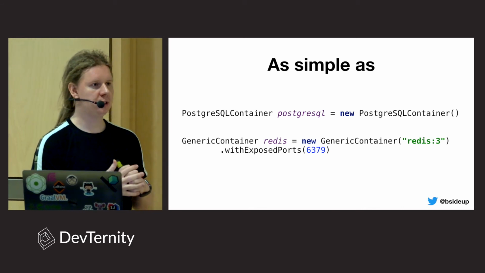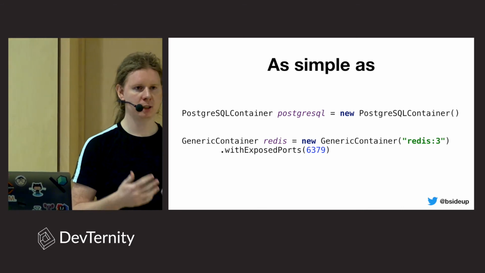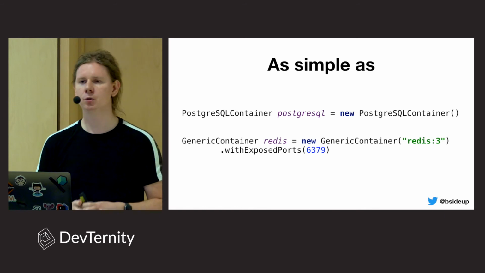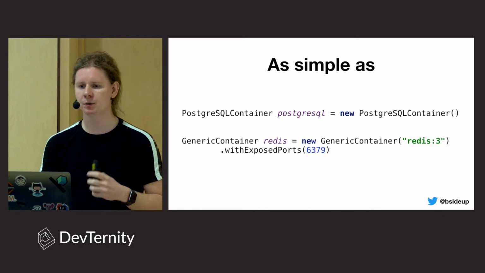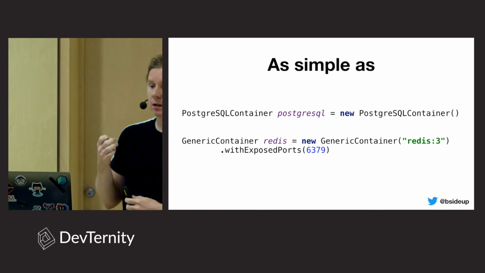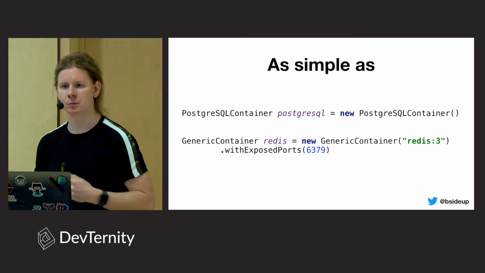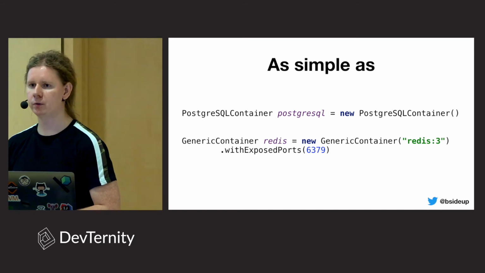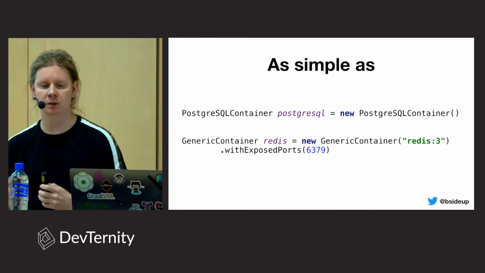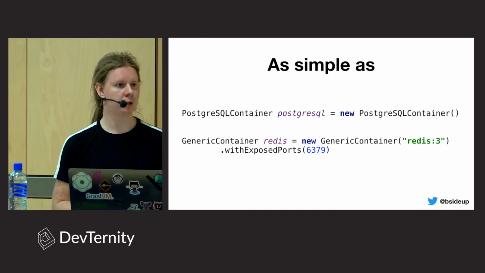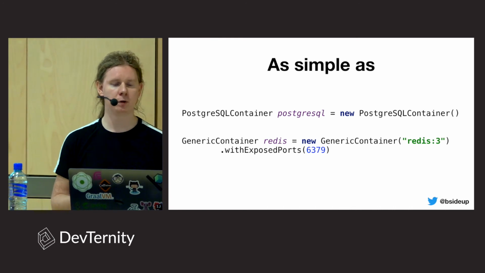So if you did not find a module for your database, it doesn't mean that you cannot use it with Testcontainers. You just have to wrap it yourself, and PostgreSQL container extends from generic container. It's just some pre-configuration for you, as well as others. So don't be afraid of using generic container. It's also a very powerful tool.